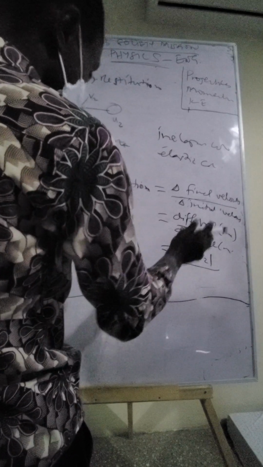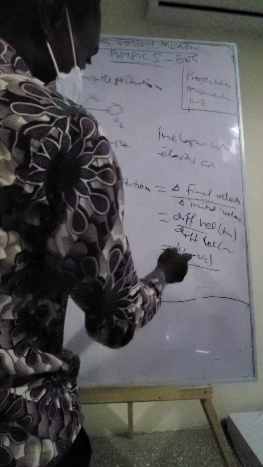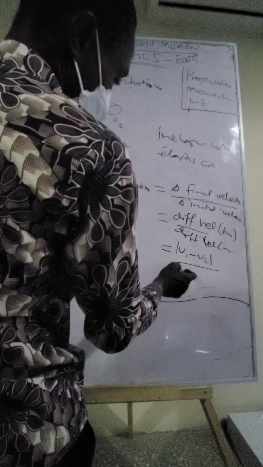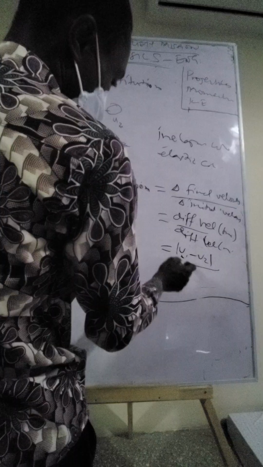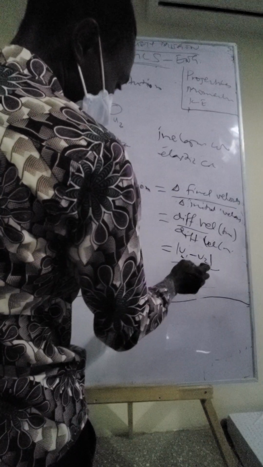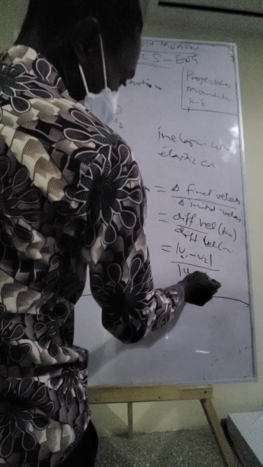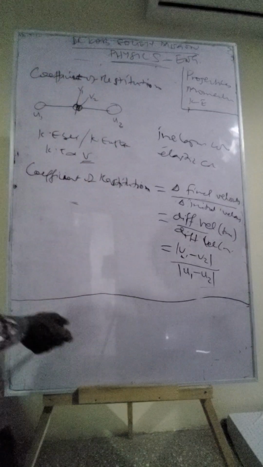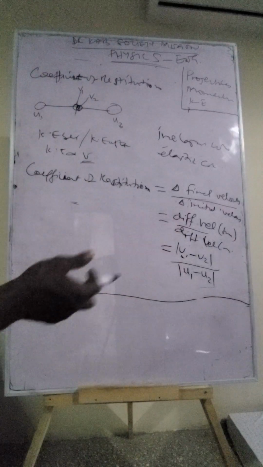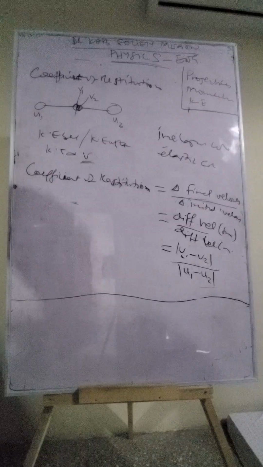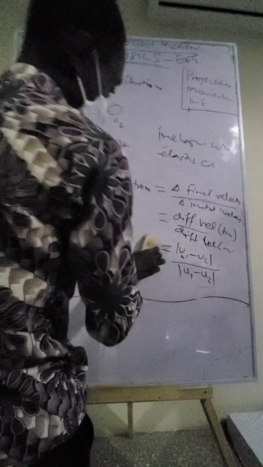We are looking at just the magnitude, without sign, over what you started with, u1 minus u2, and that is the coefficient of restitution. So it gives you an idea, elastic, inelastic, and how much energy is lost. It gives you a measure.